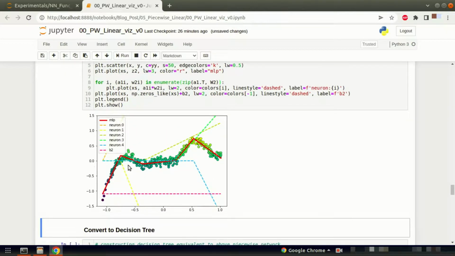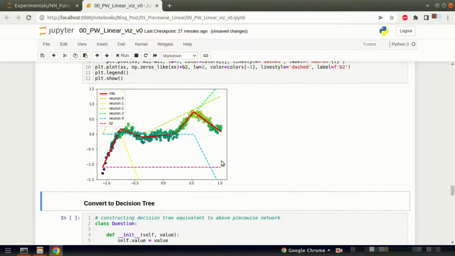So the first neuron starts from 0 and goes upward, but it is multiplied by the slope that we have found out, 4 point something. And another starts from here, and downward it is minus 4 point something to make this slope, and these add up. Like here this neuron makes it go up, and this neuron makes it go down, and it makes a multilayer perceptron.